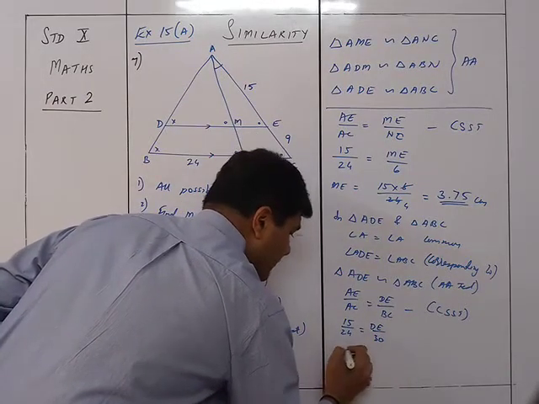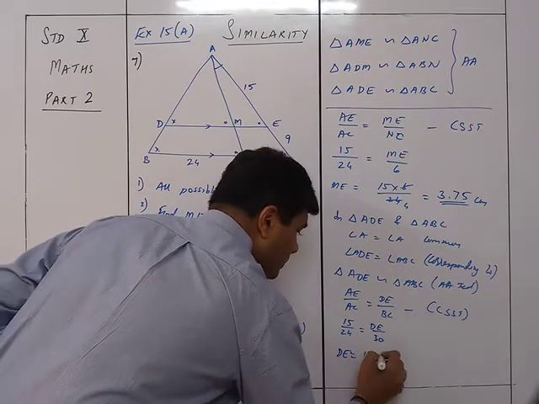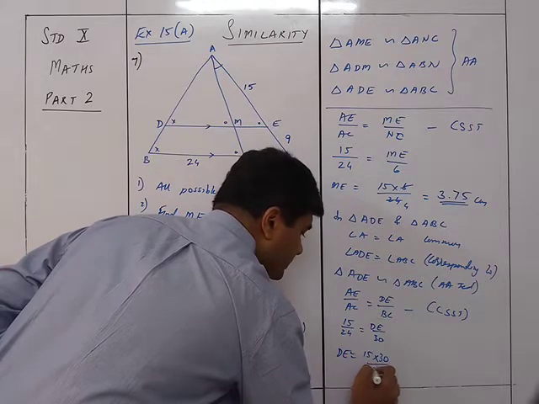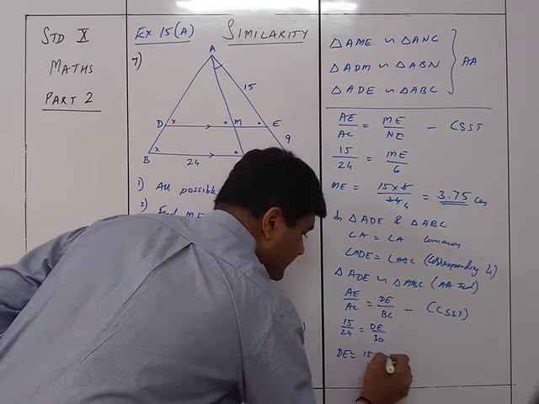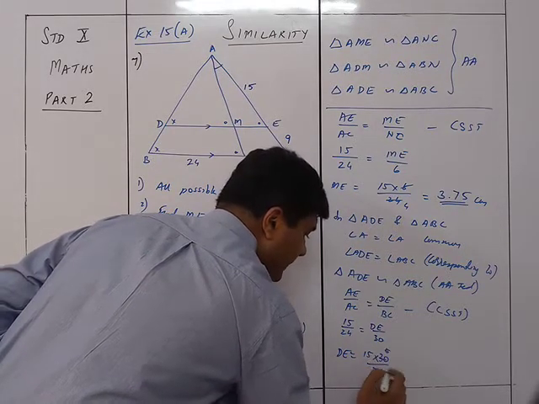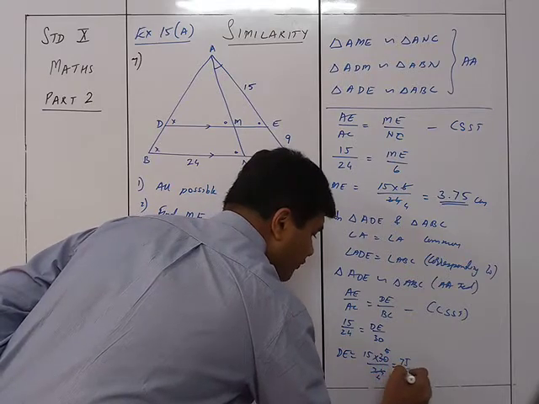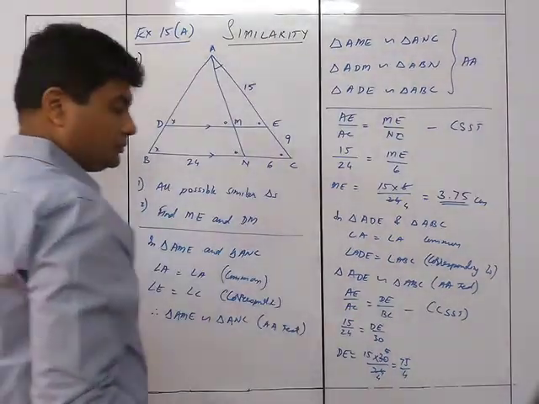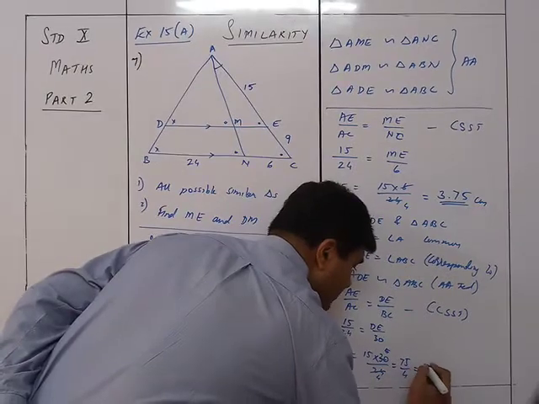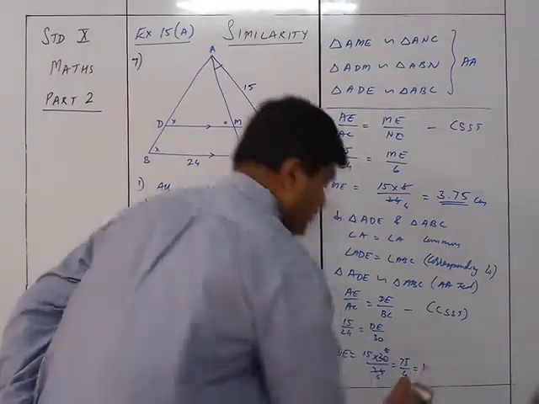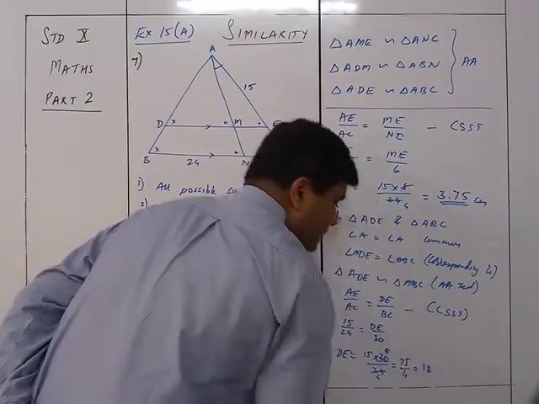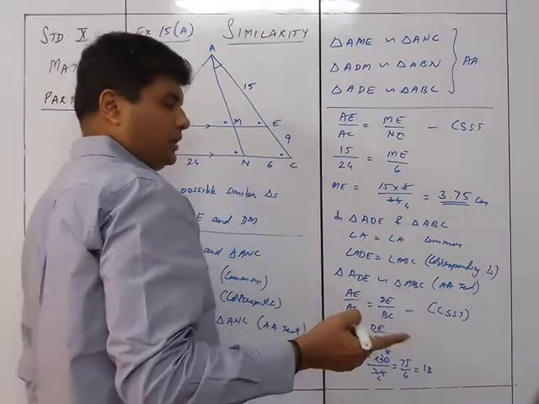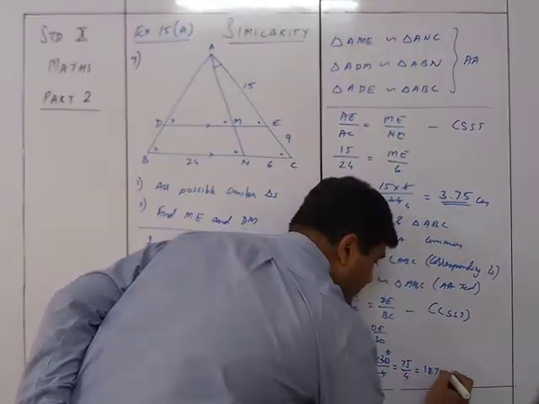So DE will be equal to 15 into 30 upon 24. Simplifying, it will be 75 upon 4, which gives 18.75 centimeters.